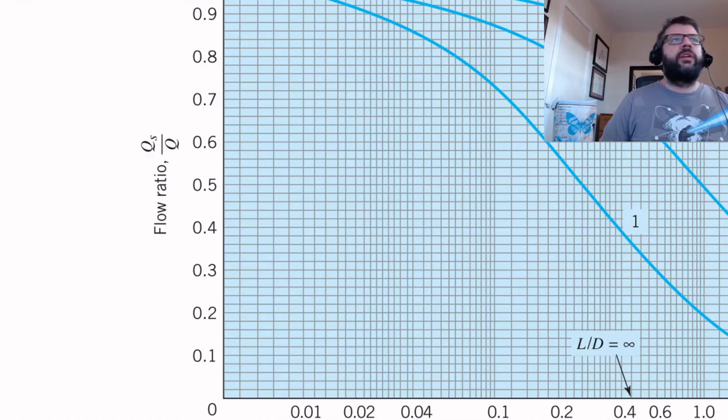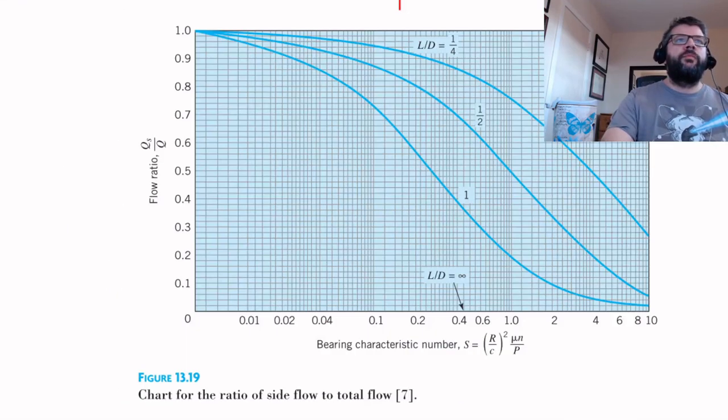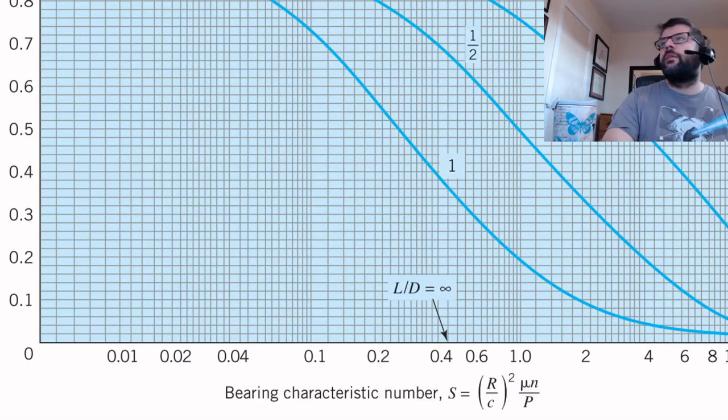So the next chart gives us our flow ratio. That's a ratio of the side leakage to the total flow, not normal flow. So again, just draw our line for the 1.4.